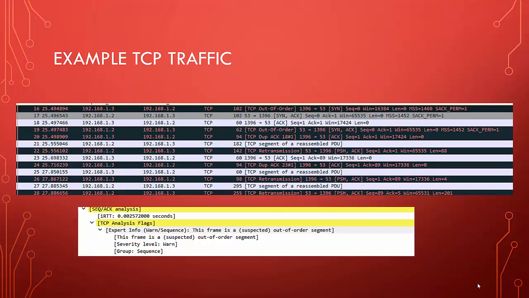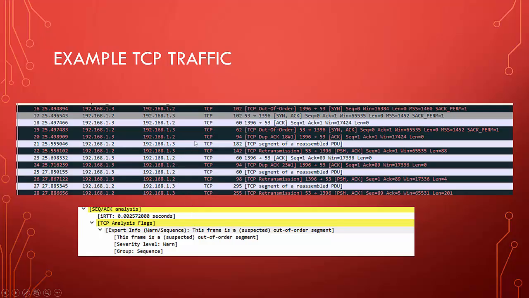So I did an example from a file from Wireshark, and it was basically a DNS attack of some sort, some sophisticated malware. You can see a lot of TCP traffic, and it flags it. It's a suspected frame.